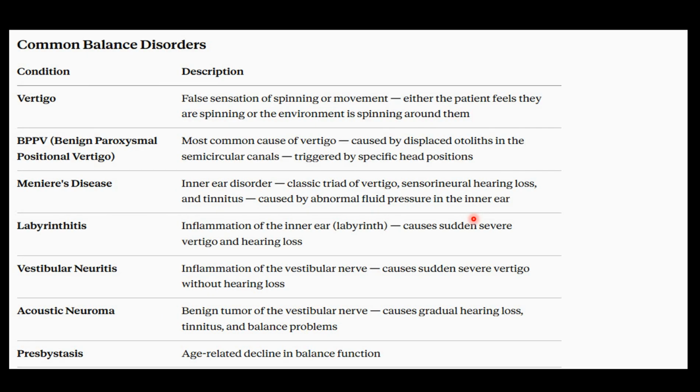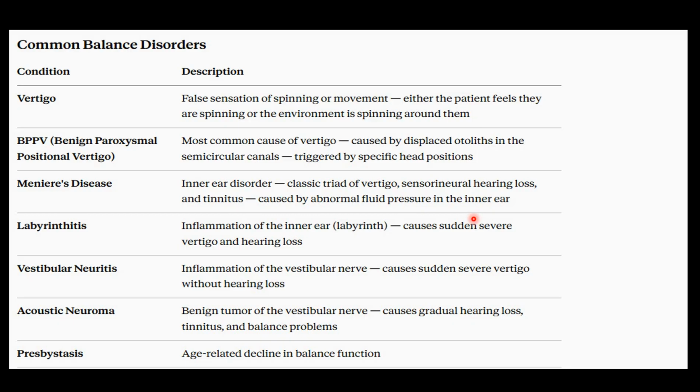Now we will talk about some of the common balance disorders, and as medical coders you should know about these disorders. So here we will firstly discuss the condition and its description. First condition is vertigo, which is a false sensation of spinning or movement. In this situation the patient feels that everything around him is spinning, but it is actually not. That is known as vertigo.